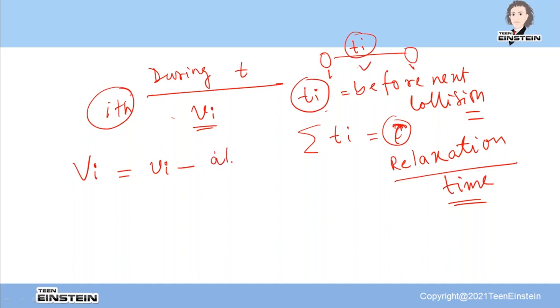This is one of the kinematic equations. And a I'll write as eE by m, where m is the mass of the electron, and this is t_i.